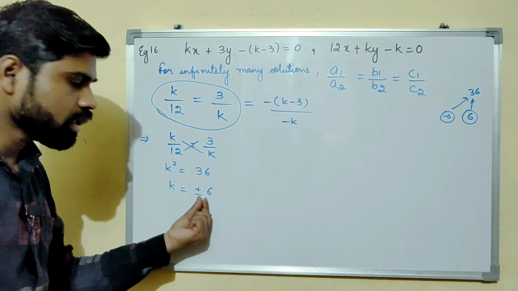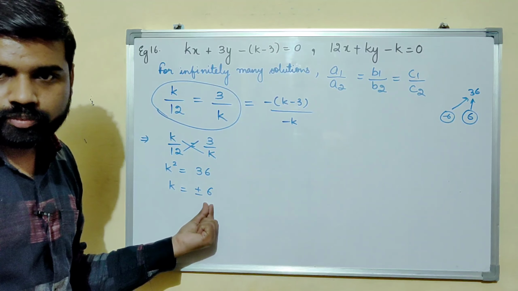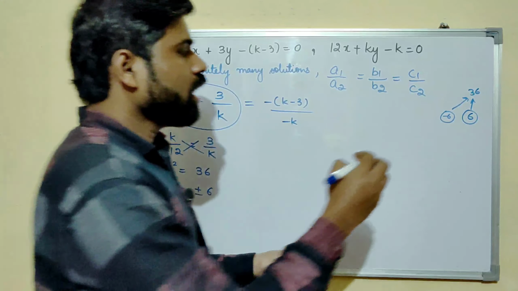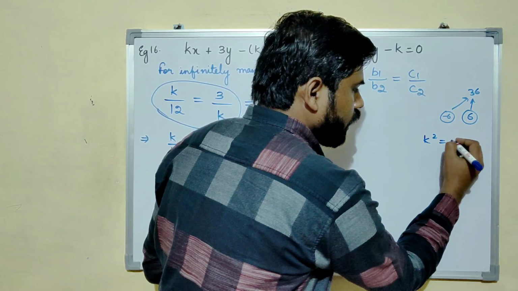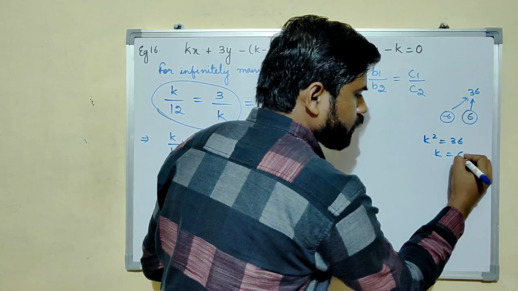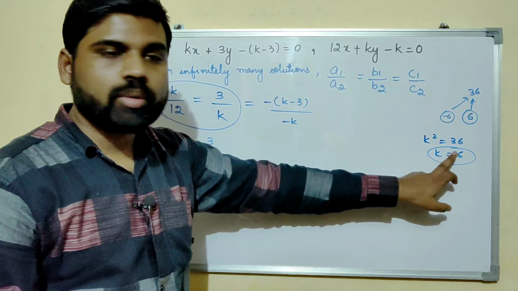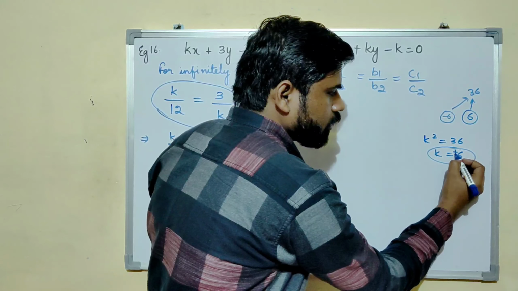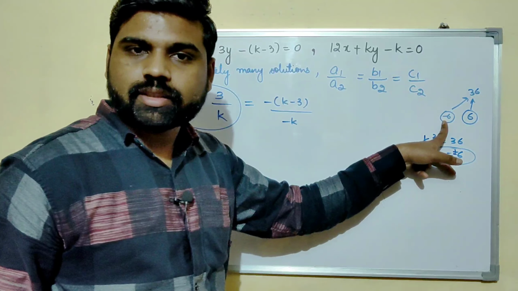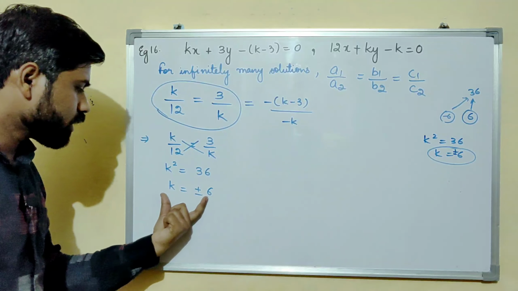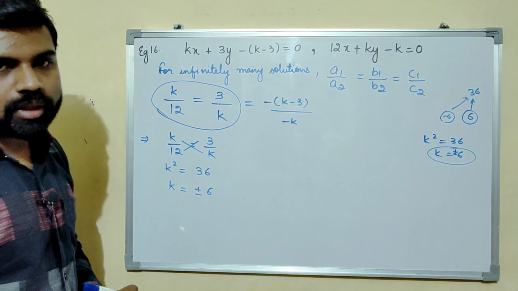So you need to mention the plus minus here. In your earlier classes, you would have written k square equals 36 means k equals 6. But this is wrong. So k will be equal to plus minus 6, because the square of minus 6 is also plus 36. Now this will be the answer, k equals plus minus 6.